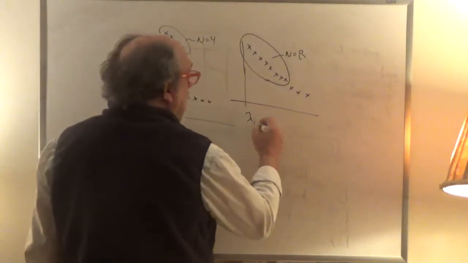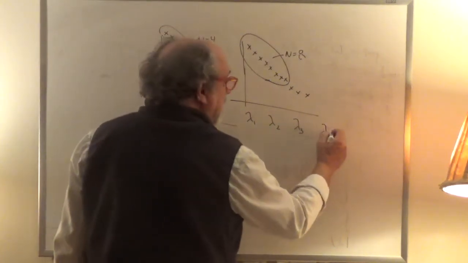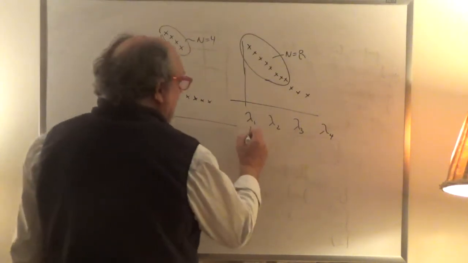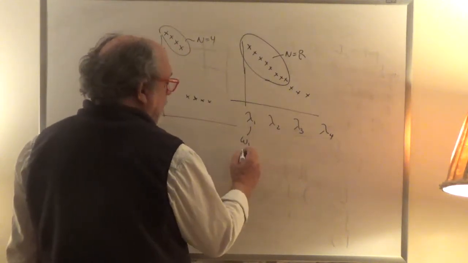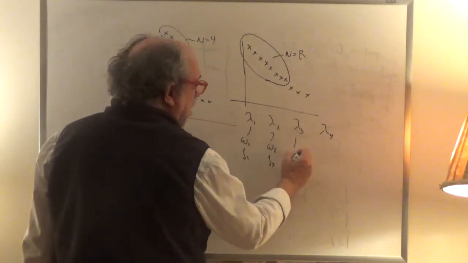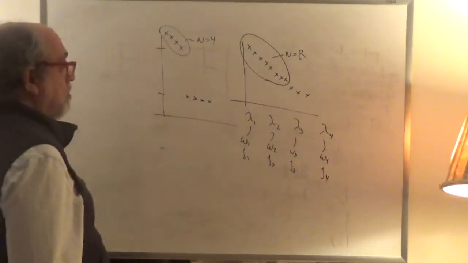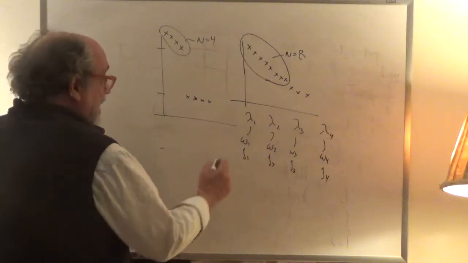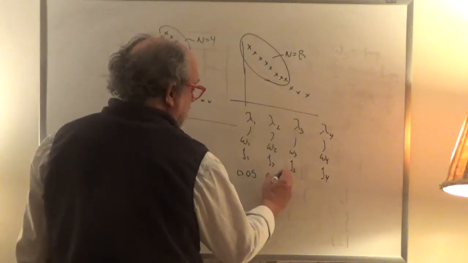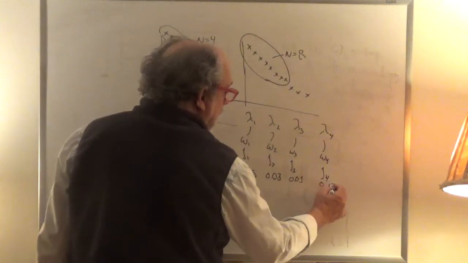So you have lambda 1 and lambda 1 conjugate, lambda 2 and lambda 2 conjugate, lambda 3 and lambda 3 conjugate, lambda 4 and lambda 4 conjugate. You look at lambda 1 and this becomes omega 1 and sigma 1. This one becomes omega 2 and sigma 2, omega 3 and sigma 3, omega 4 and sigma 4. Now, let's say that sigma 1 is 0.05, this is 0.03, this is 0.01, and this is 0.12.